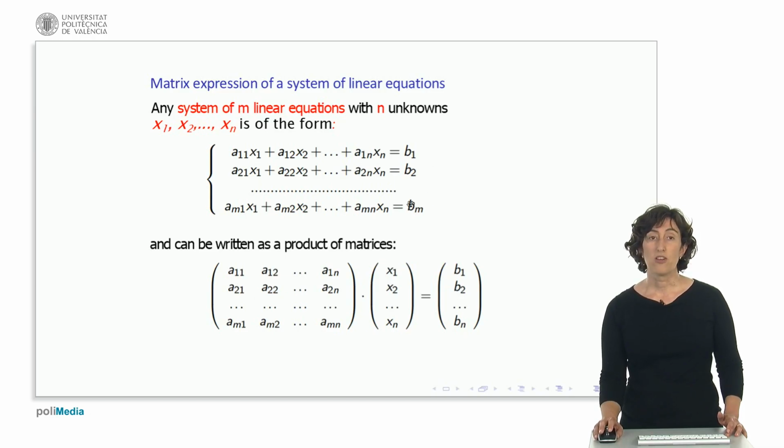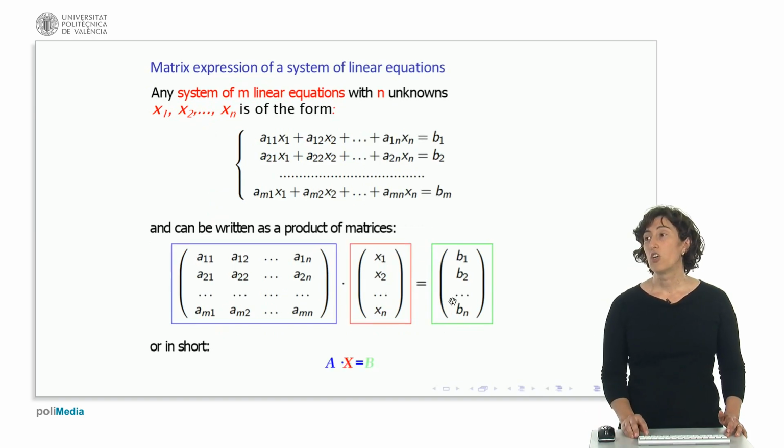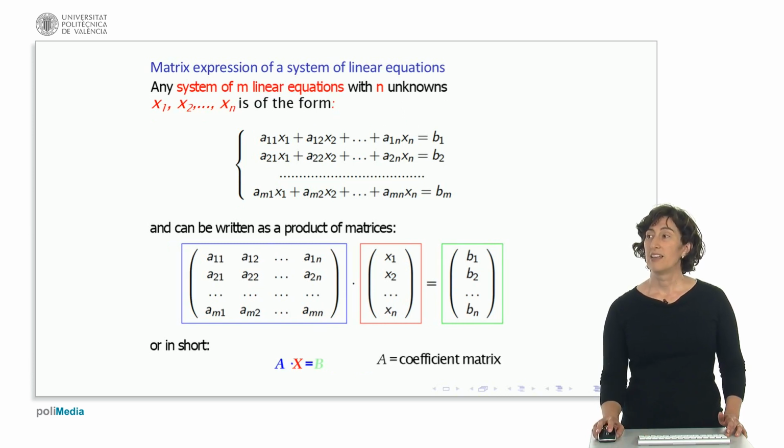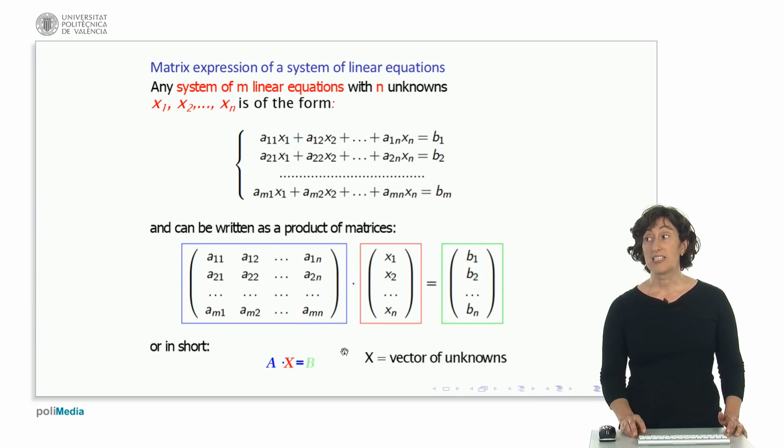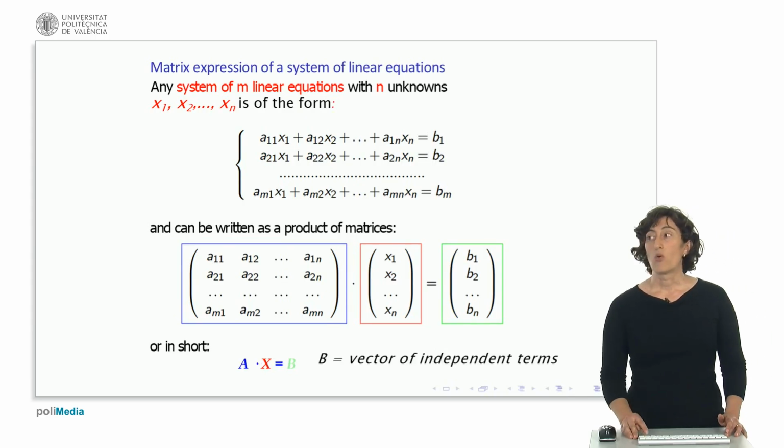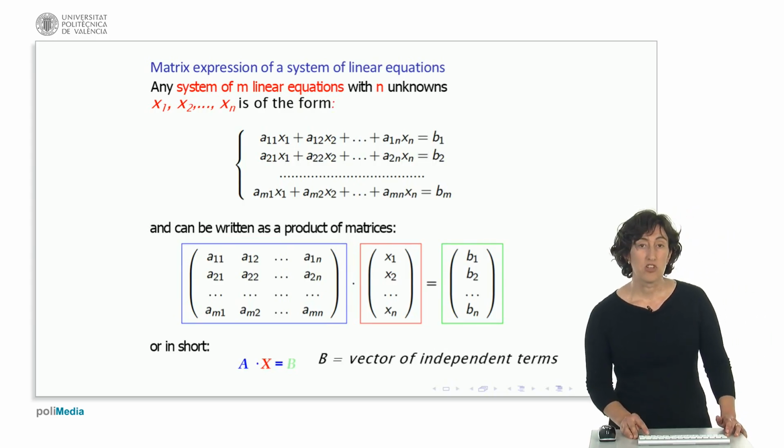The second row times this vector equals b2 would give me the second equation, and so on. We can write this more briefly as A times x equals b, where A is the matrix framed in blue, the coefficient matrix, x is the vector of unknowns, the one framed in red, and b, the one framed in green, is the column vector of independent terms.